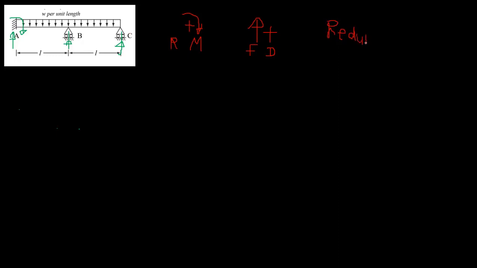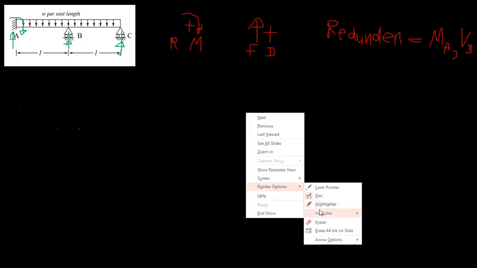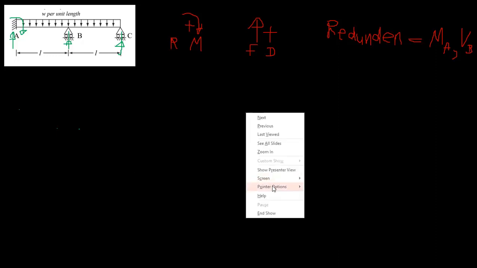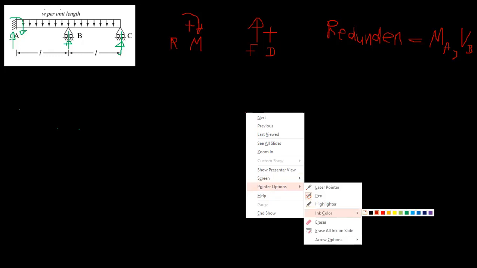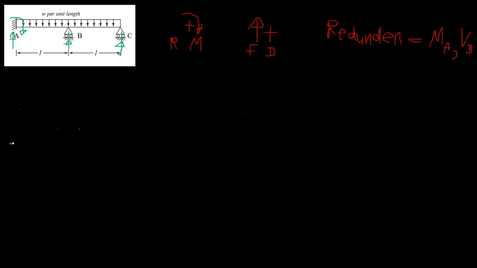Okay, the redundants are MA and BB, right? So I'm going to remove these. Once I remove them, my structure will be like this.